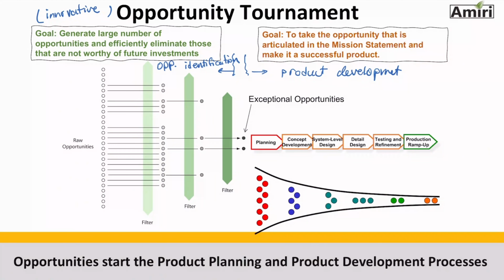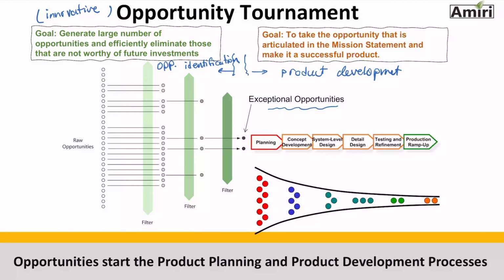The goal of the first part, opportunity identification, is to generate as many opportunities as you can and eliminate some of them that are not worthy of your company's effort and future investment. Once those exceptional opportunities are identified, you start your product development process.